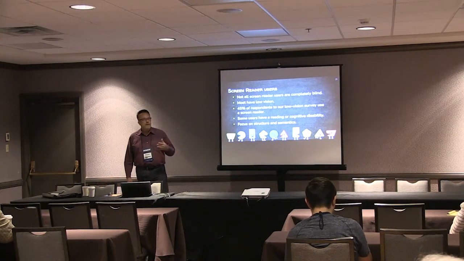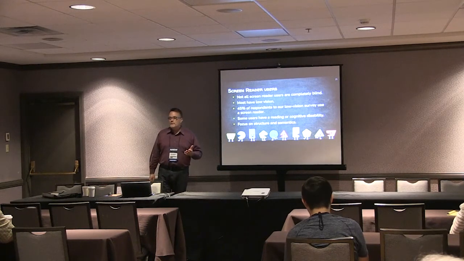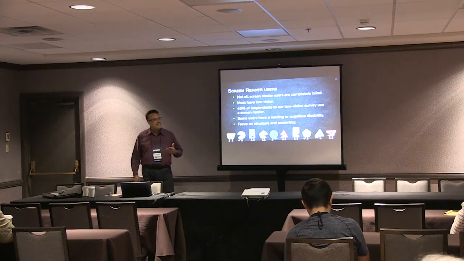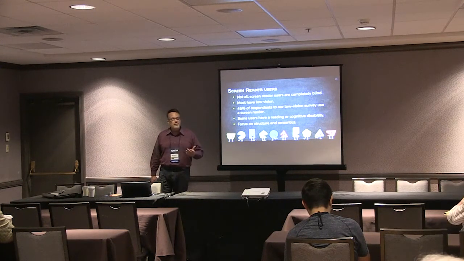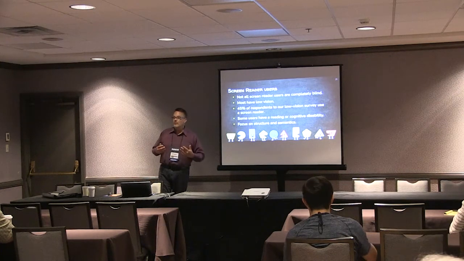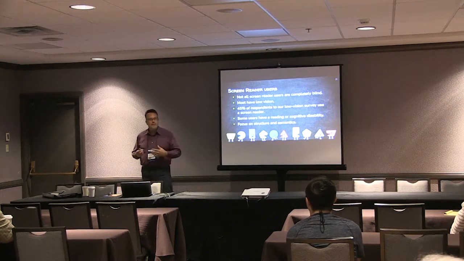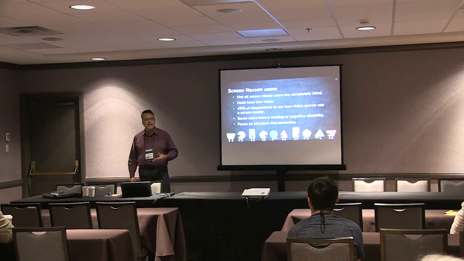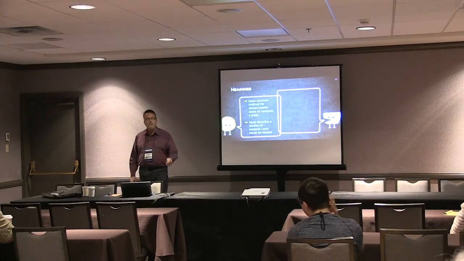And semantics. It's more than just plain text. It's text that also has the semantic value of being a heading or being within a table. It doesn't just look like a table, it is within a table. It doesn't just look like a heading, it is a heading. And I'll dive into headings now.